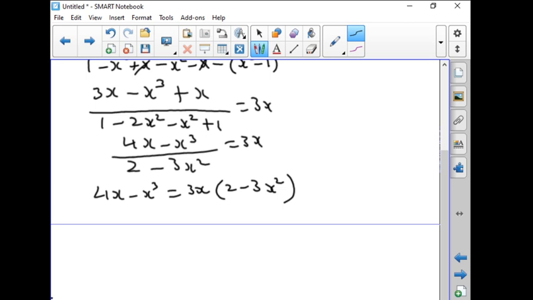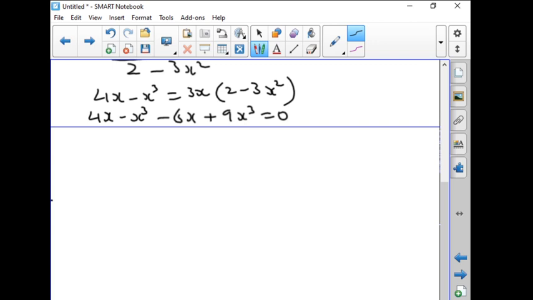Bringing everything to one side, 4x minus x cube is equal to 6x minus 9x cube, so we get 8x cube minus 2x is equal to 0.